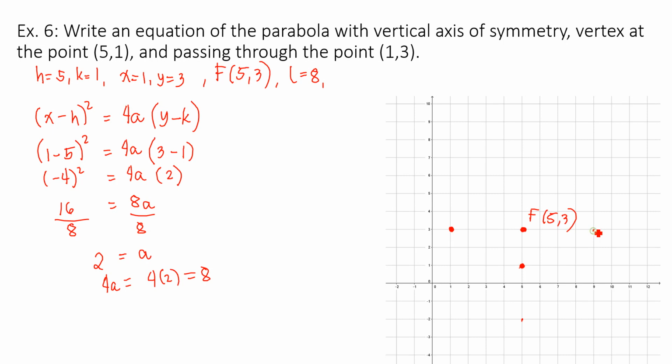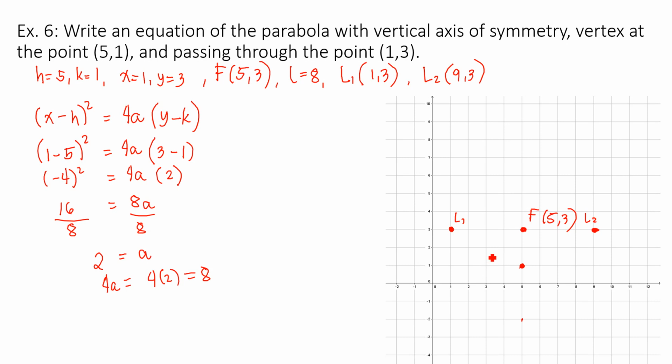And therefore, let's say this is our L1 and this is our L2. So our L1 has the coordinates of 1, 3, and our L2 has the coordinates of 9, 3. Okay, so write the equation of the parabola.